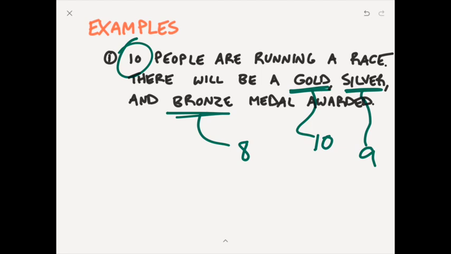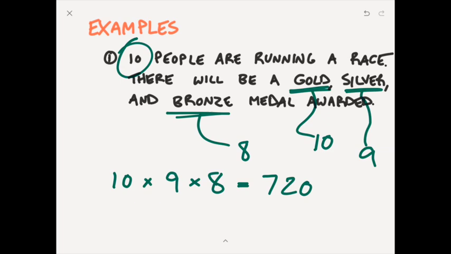So the way we determine the number of permutations is by multiplying them together: the 10 people, times the 9 people to get silver, times the 8 people who could have gotten bronze, gives us a grand total of 720 different permutations for how those gold, silver, and bronze slots could be filled.